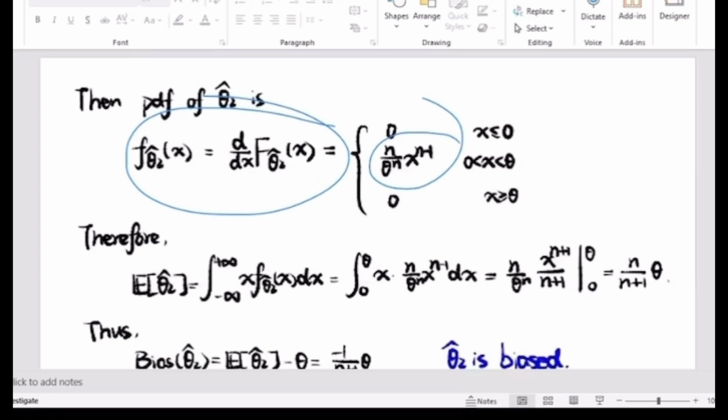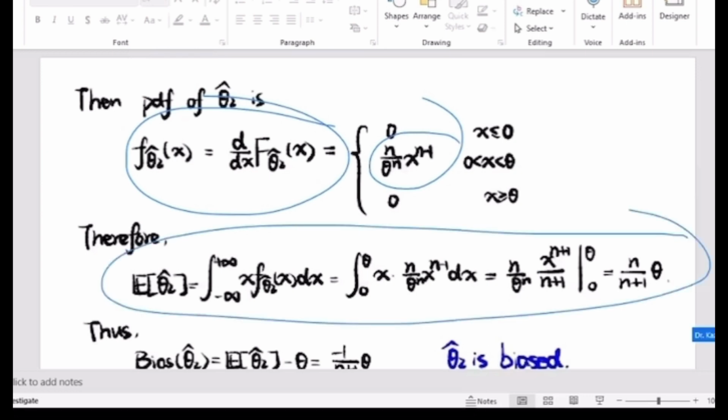What do I want to achieve with the probability distribution of the maximum order statistic? Oh, I can find the mean. I can find the variance. Does that make sense? Because I know the distribution now. Take a look at this. I want to find the expectation of theta cap 2 because I know its probability distribution. So it's just going to be s times the distribution that I got.